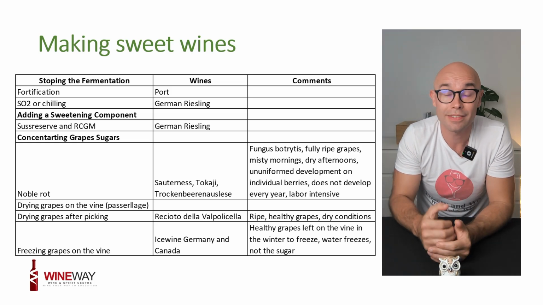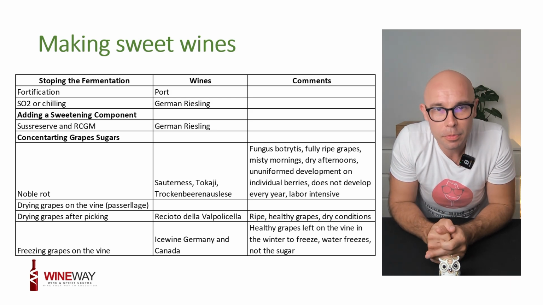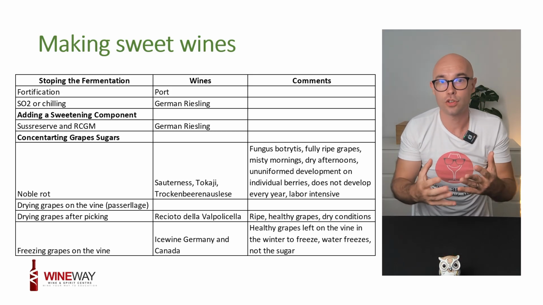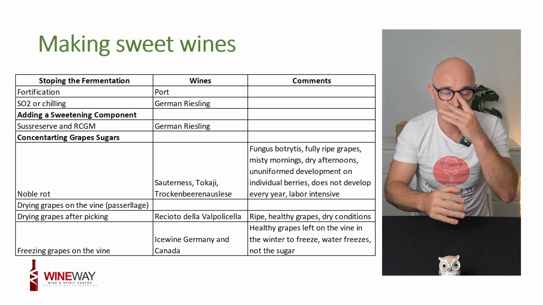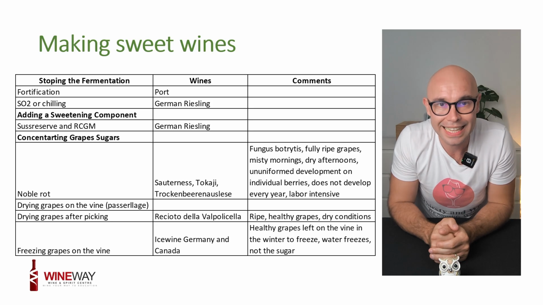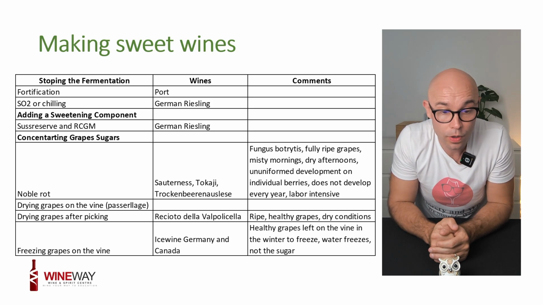And noble rot also gives a very specific kind of moldy, marmalade kind of character to the grapes. Because of the high sugar concentration, the wines usually ferment to around 13% alcohol and are lusciously sweet. So the wines that are made in this way are Sauternes, Tokaji, Trockenbeerenauslese wines in Germany.